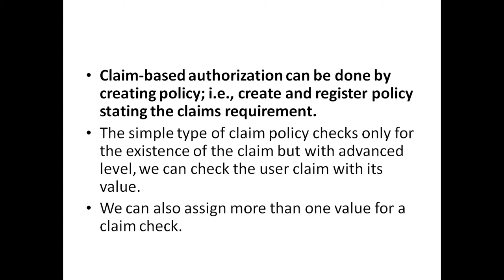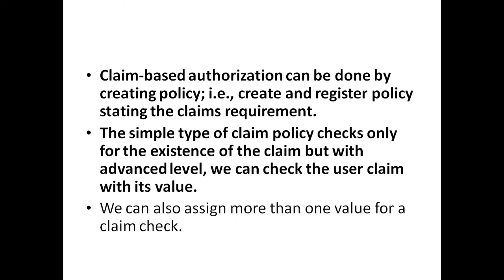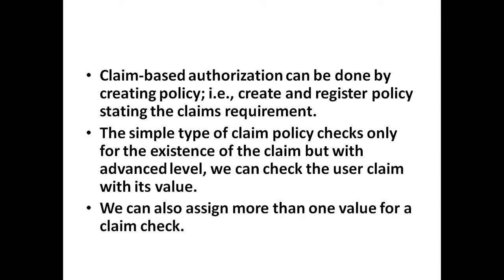Claim-based authorization can be done by creating a policy, that is, create and register a policy stating the claim requirement. The simple type of claim policy checks only for the existence of the claim, but at an advanced level, we can check the user claim with its value. We can also assign more than one value for a claim check.